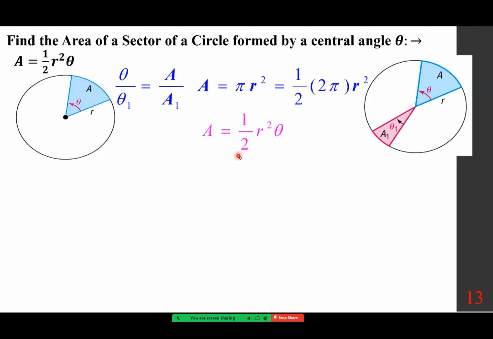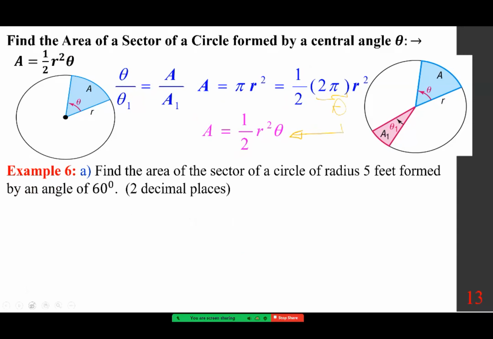Area equals 1/2 r squared theta. So this is the proof using the area of a circle pi r squared, replacing the pi with half of 2 pi, and now 2 pi with theta. So this thing, in essence, represents the theta, and that's how we arrive at this, which now gives us this simple equation.